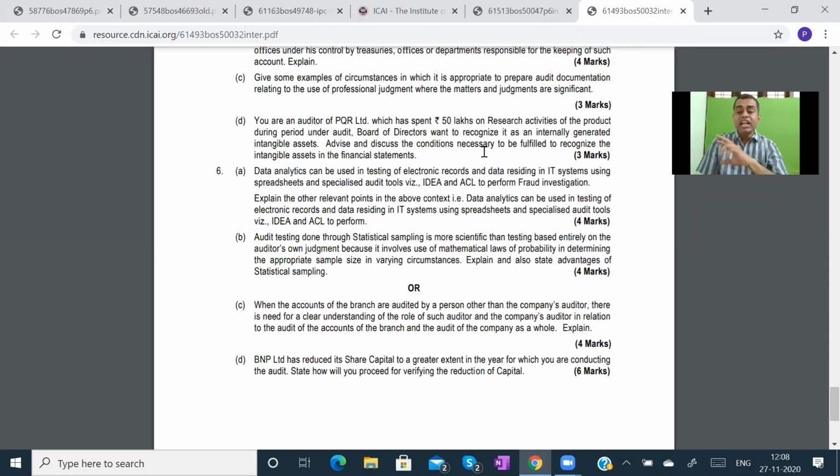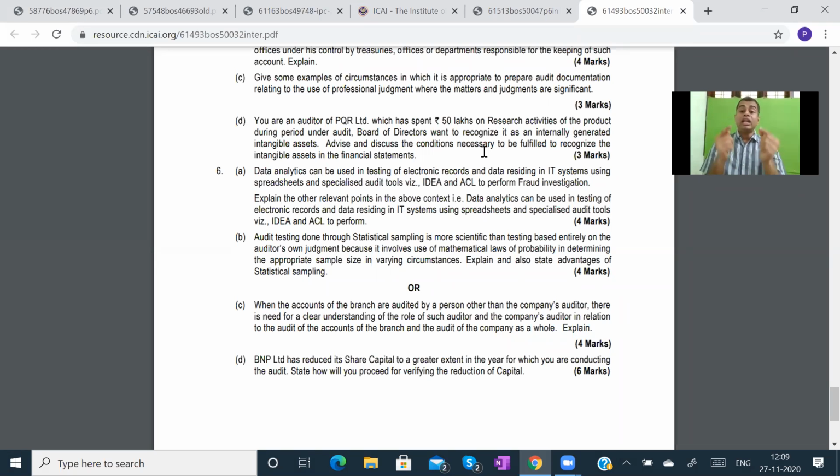activities should be split into research activity and development activity. Research activity, whatever the amount spent on it, should be charged to P&L. No intangible asset can be recognized out of research activity. Development activity can be capitalized subject to certain conditions, even if it is an integrated project as a whole, which consists of research and development activities together.